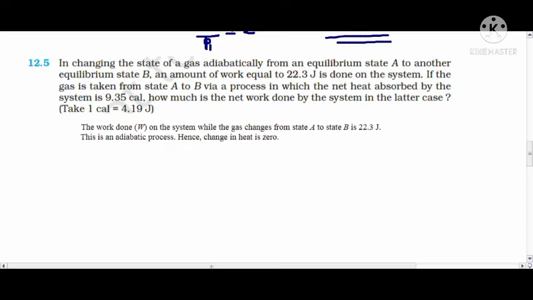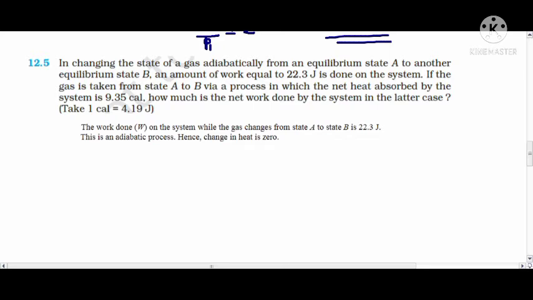Question says it is an adiabatic process. Then, if the gas is taken from the state A to B by a process in which the net heat absorbed by the system is 9.35 calorie, how much is the net work done by the system in the latter case?